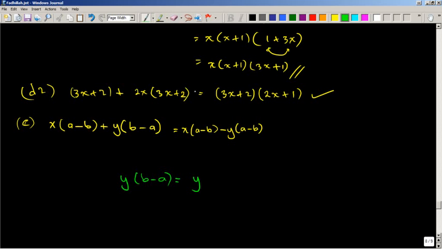That is equal to Y. I change side. It becomes minus A plus B. Can you understand this? Yeah. Okay, minus A plus B.